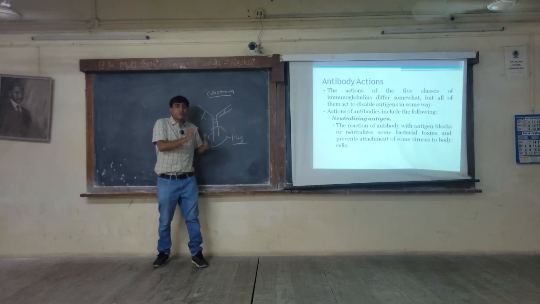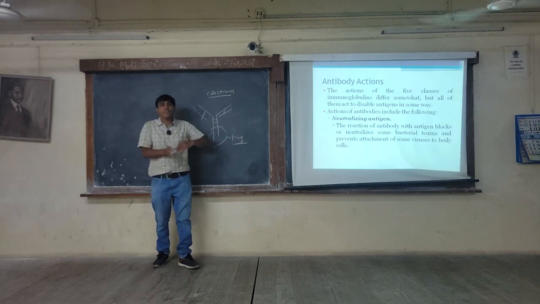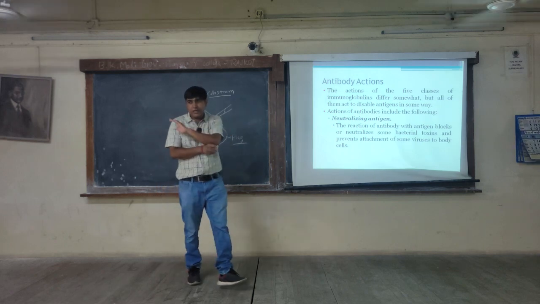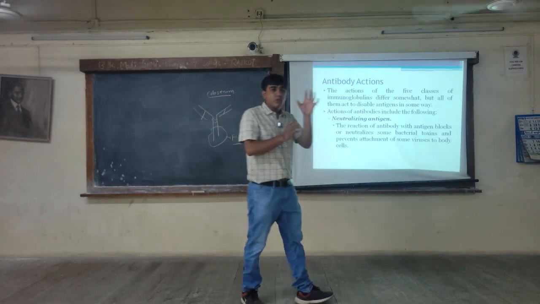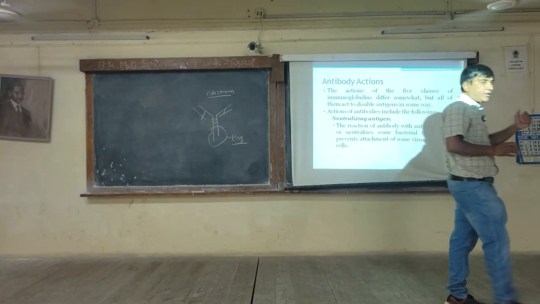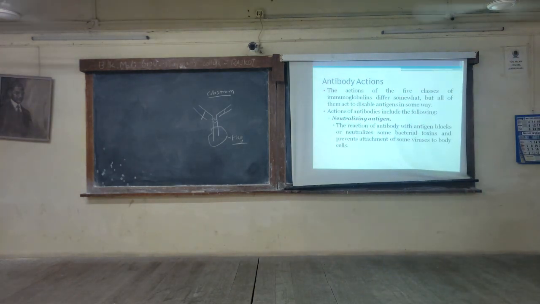So the subsequent action of the antigen antibody binding is phagocytosis. We discussed that in the last lecture. The phagocytes will get attracted and they will digest the antigen. So that will act as a flag only. They will not neutralize, they will not kill.